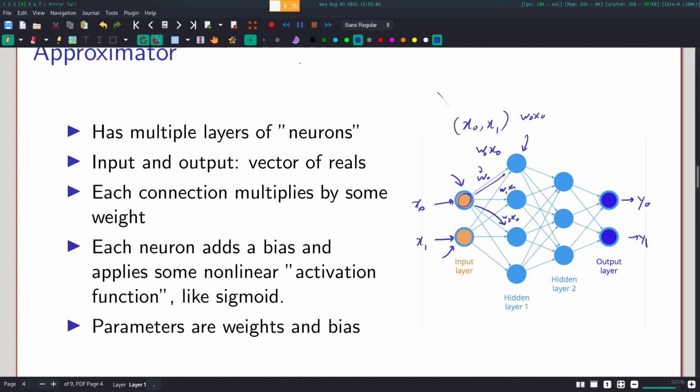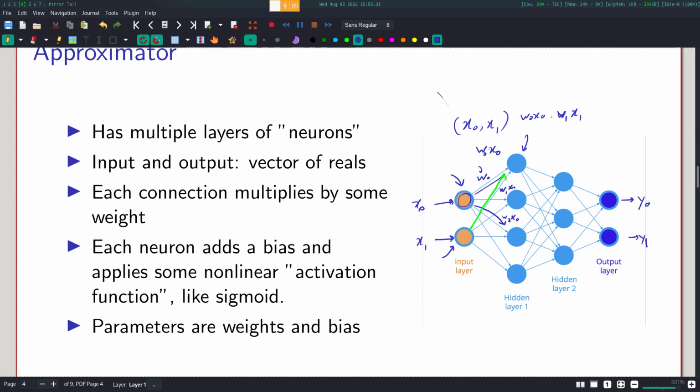There's also this particular edge over here, which is going to have some other such value. Okay, actually I have labeled it as W1 already. So W1 x1, right? So you've got two such values coming in here into this neuron.